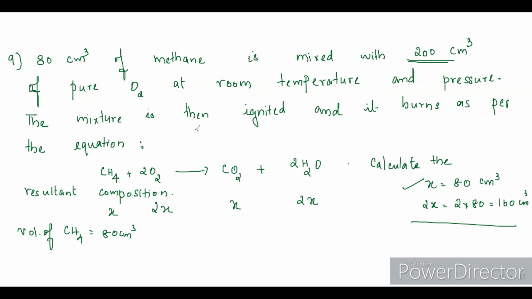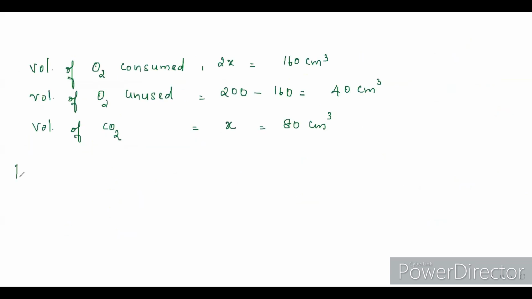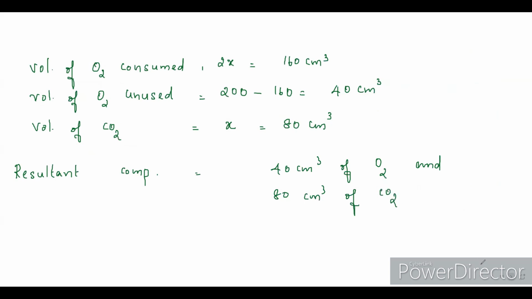So this was there in the question, cooled to room temperature. So water vapor will condense to liquid water. Final answer is resultant composition is equal to 40 centimeter cube of oxygen and 80 centimeter cube of carbon dioxide.